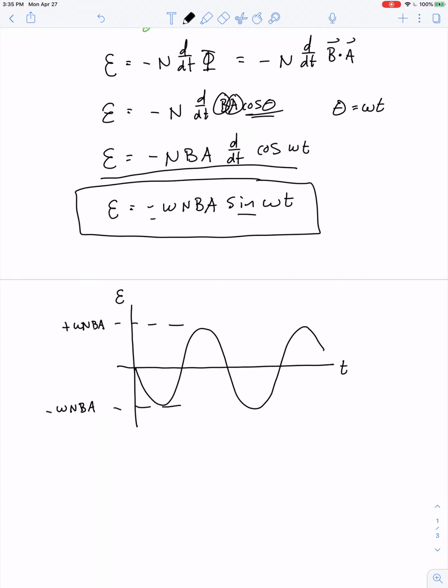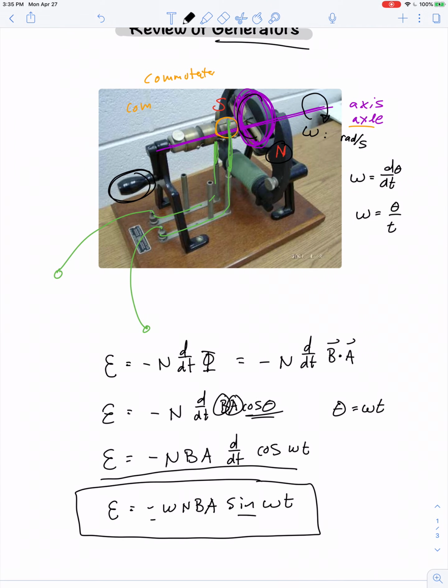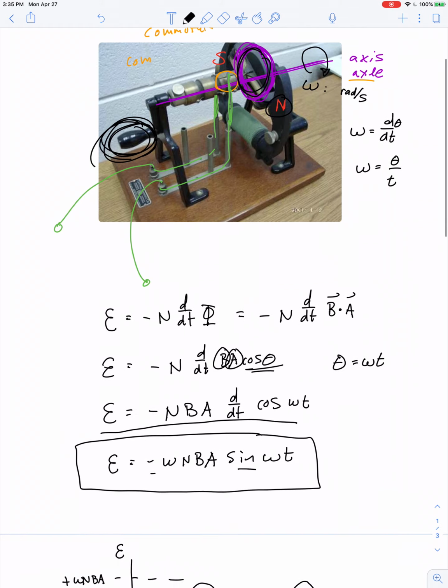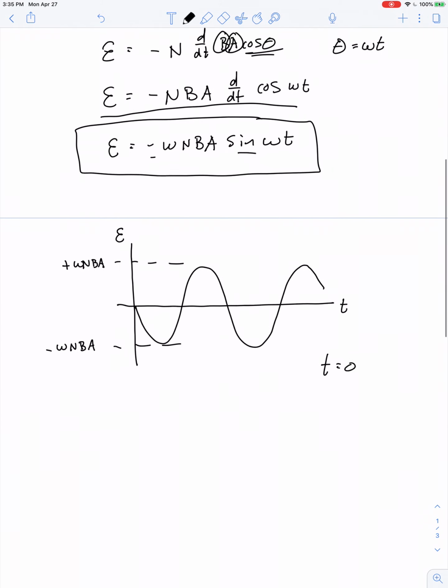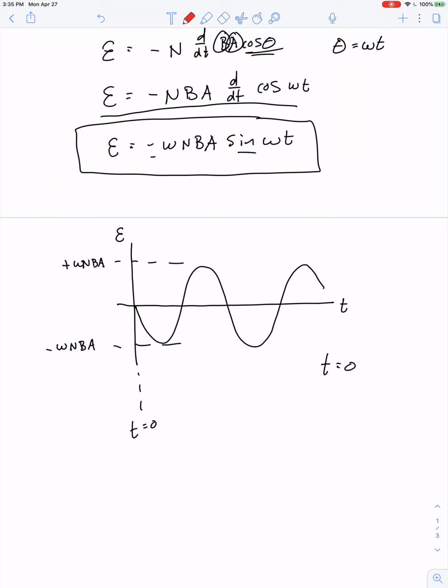Although it's pretty arbitrary when we set time t equal to 0. So for example, if the armature is in a horizontal plane when we start cranking the handle, then our graph of EMF versus time would look different than if the armature started out in a vertical plane. So this line represents the line t equals 0, but what's to stop us from shifting our origin in time to this point?